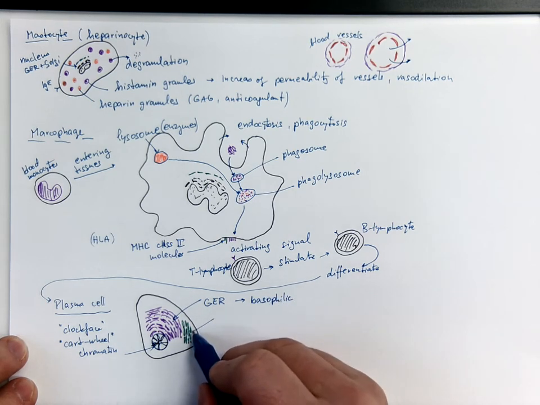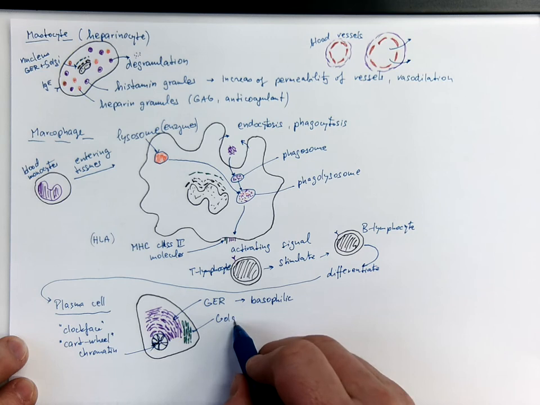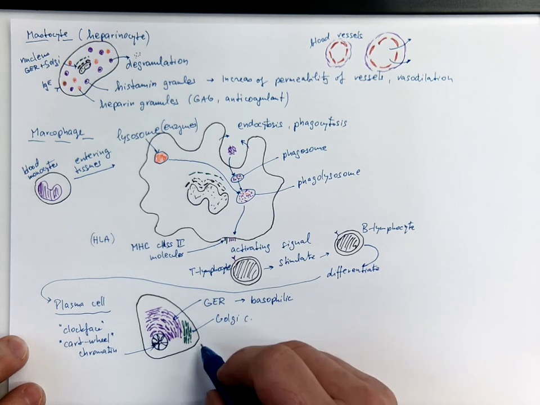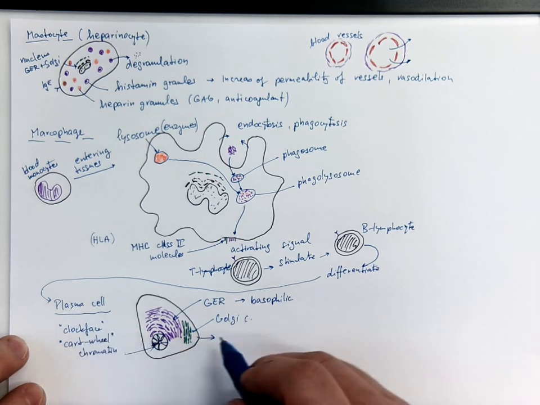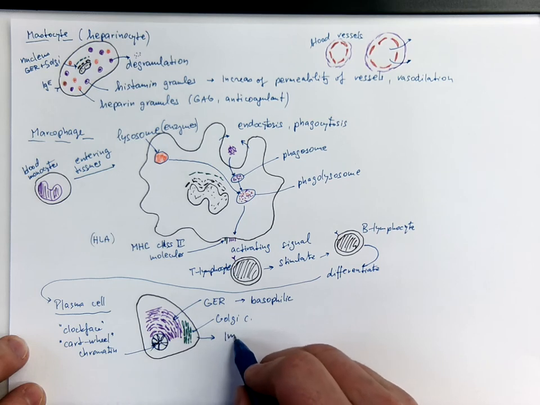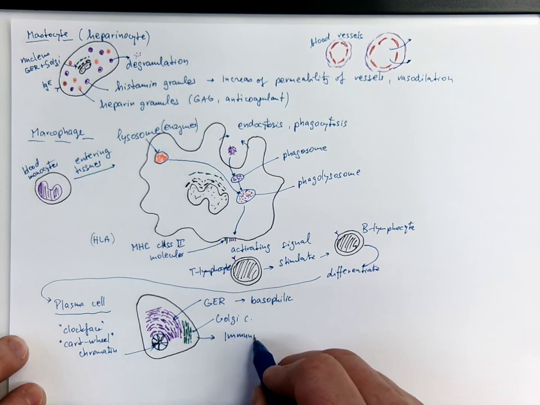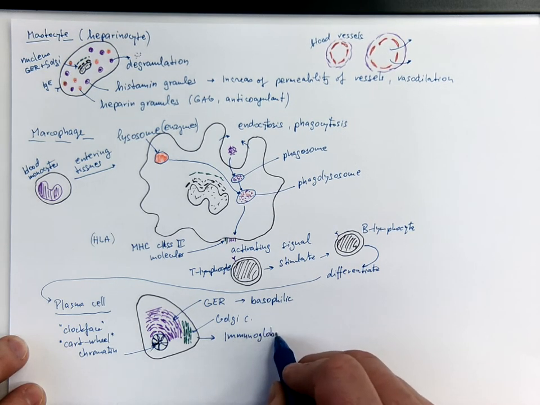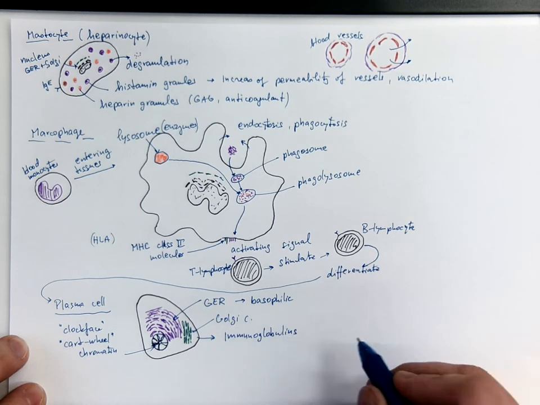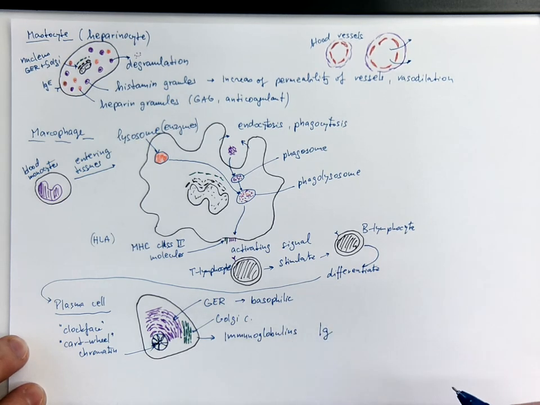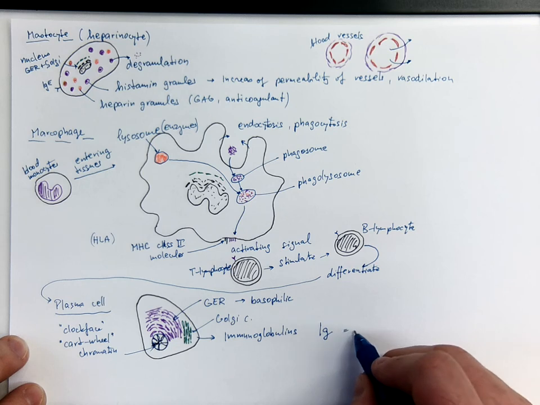There is the Golgi complex there, and these plasma cells are producing immunoglobulins, abbreviated very often as Ig, and you know these as antibodies.